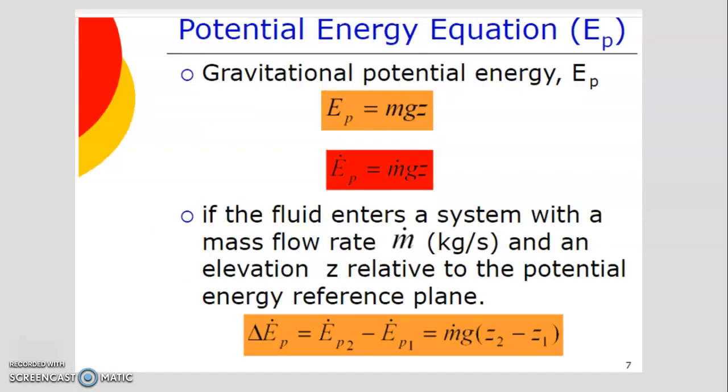For EP equals m g z, z is the change in elevation, or change in height. If there is a fluid entering the system with a mass flow rate at elevation z relative to the potential energy reference plane, you must use this equation.